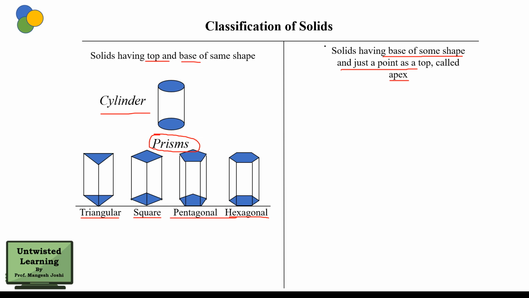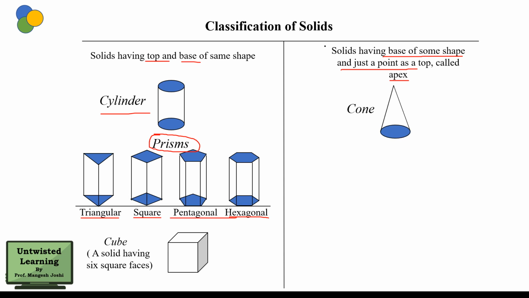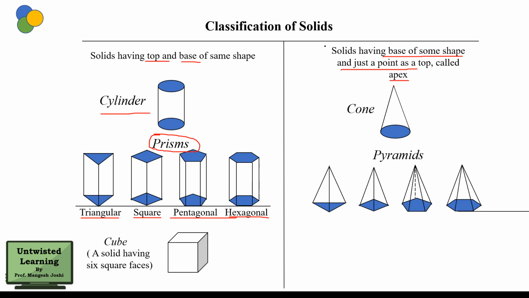Now let us come to the second category, in which there will be a base of some shape and all the points from the base will meet at a single point at the top, called the apex. A cone is an example. You have a circular base, and all the points emerging from the base circumference will meet at a single point, that is called the apex.